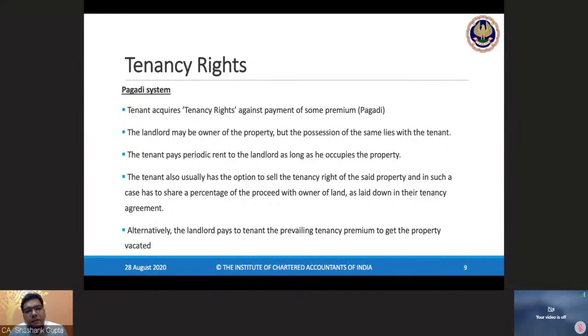In Connaught Place, shops. So this is a very, very prime location in central Delhi, a very old market, with a lot of history. You can say it's the heart of Delhi.